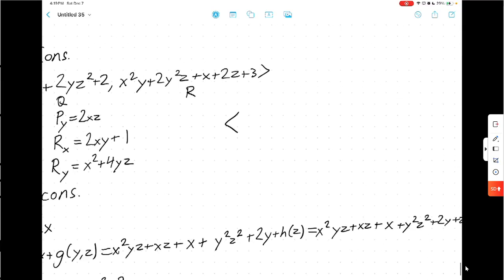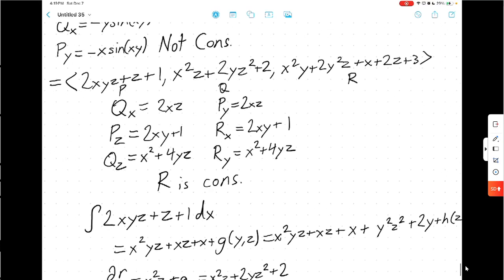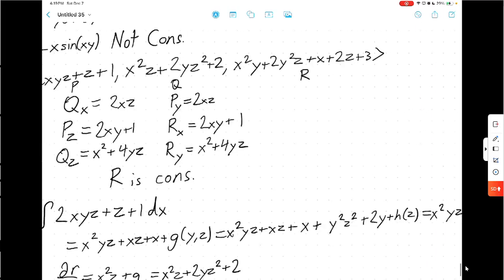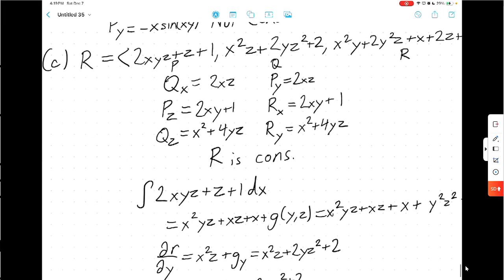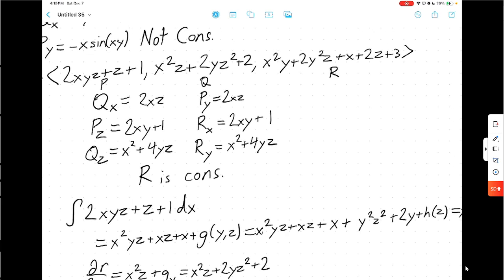I think you could have it where it's just x and z, and it would be conservative. It'd basically be the 2D case, but with p and r instead of p and q. So you could have something else. Because then q of x and q of z would be 0, and p of y and r of y would have to be 0, so you would just be resulting in the 2D case.